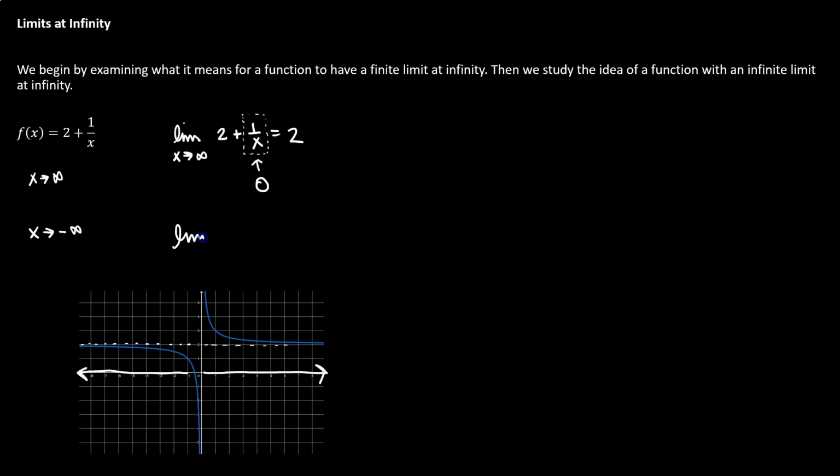And from that, we know that the limit as x goes to negative infinity for our function 2 plus 1 over x is also approaching 2. And we can use the same argument here: as x gets larger in magnitude, this value, 1 divided by x, gets smaller and smaller, equal to 0.